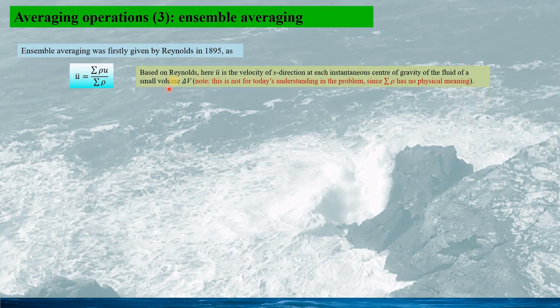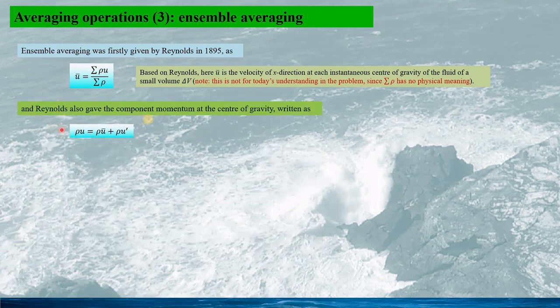According to his own words, U bar here is the velocity in the x direction at each instantaneous center of gravity of the fluid of a small volume delta V. However, this expression is not suitable for today's understanding of the problem, since sigma rho has no physical meaning here.